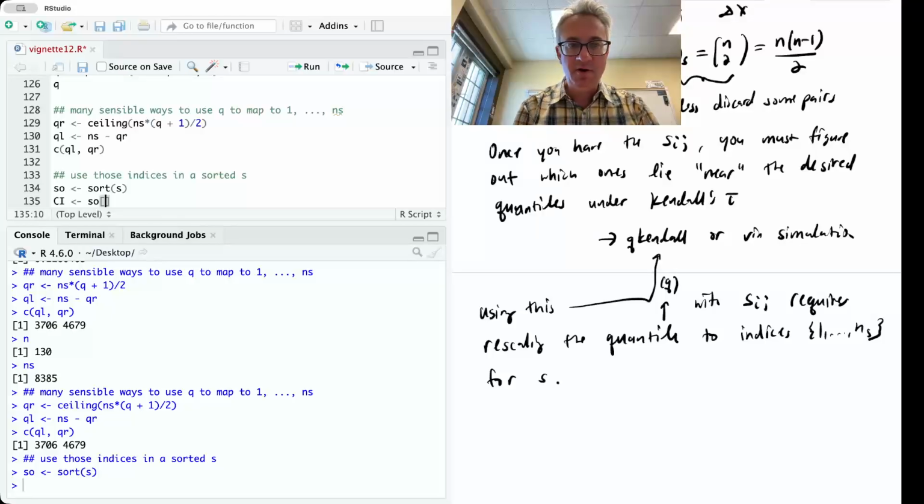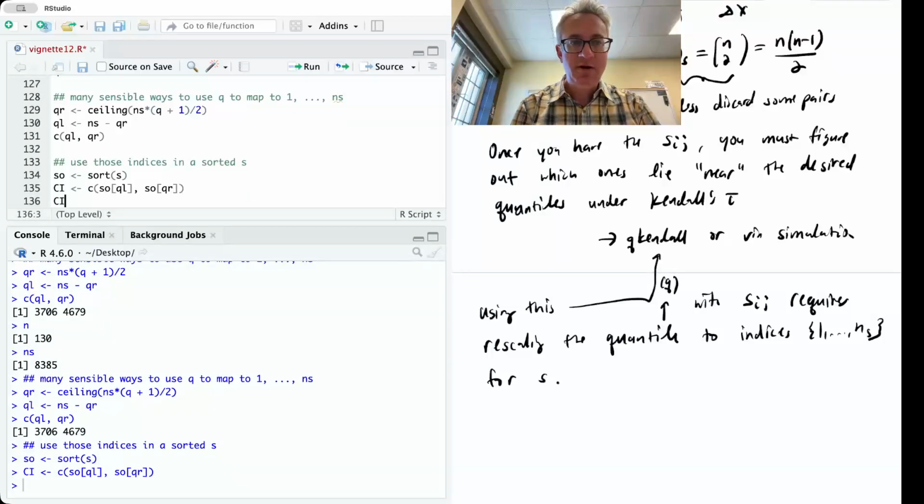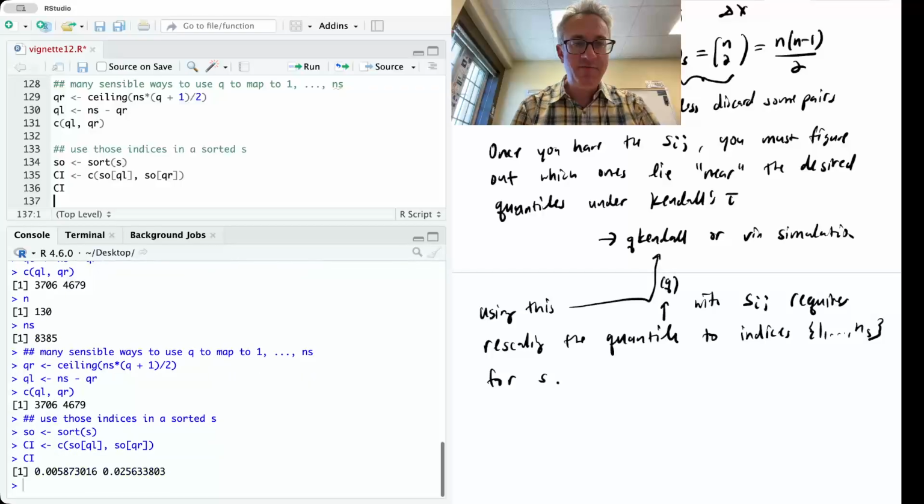So SOQL is the left or lower side, and SOQR is the upper or right side. And so my confidence interval is those two values in my slopes. Those bracket, according to Kendall's distribution, the lower 2.5% and upper 2.5% of slopes. So it goes from 0.0058 to 0.025.